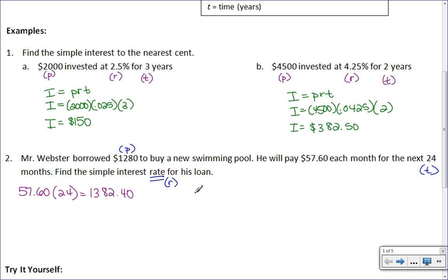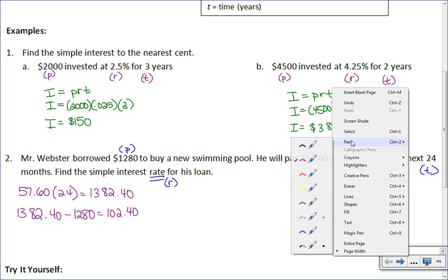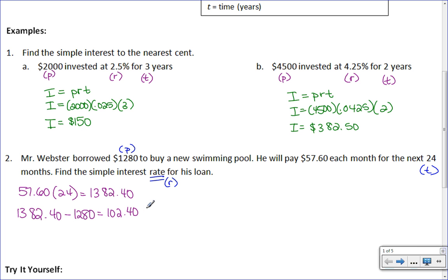So he's paying a small amount of this interest every month. So we'll find the difference between these two to get what the I in our formula will be. When we subtract those, we get the interest is 102.40. So in our formula, this number is I.